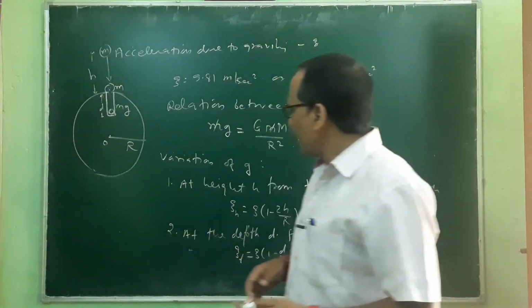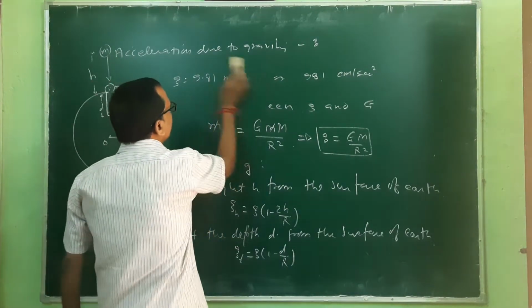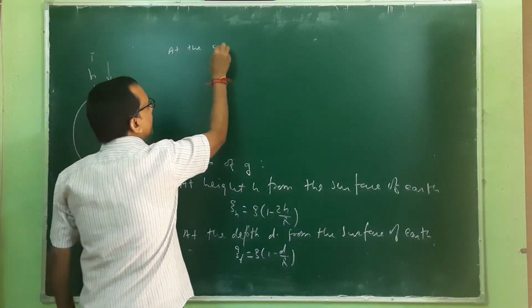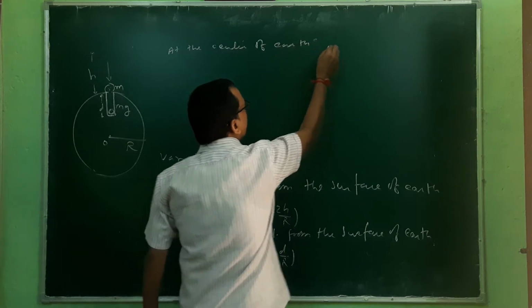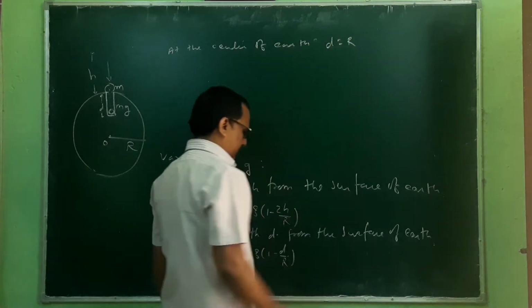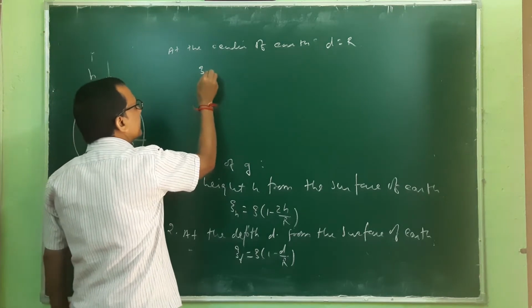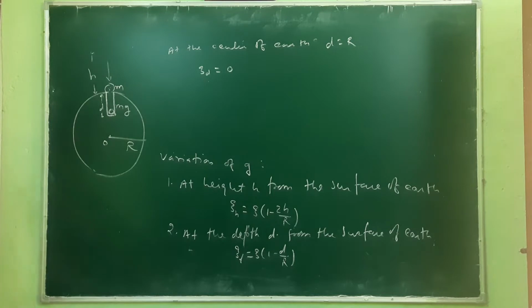So what we are observing here is that at the center of Earth, this d is equivalent to R, so g d at the center of Earth is equivalent to 0.